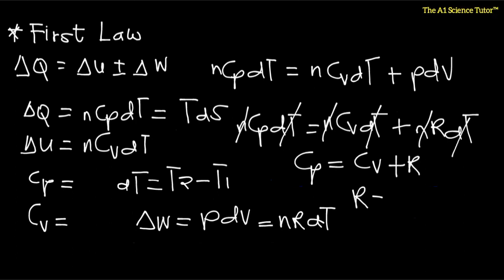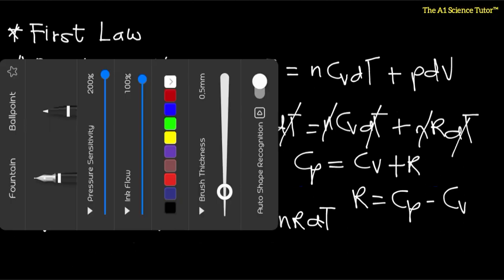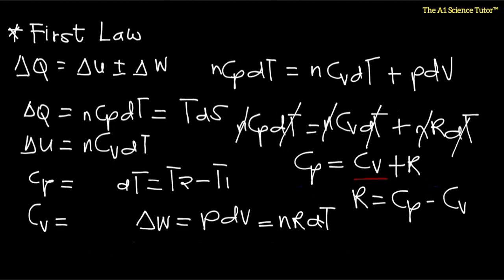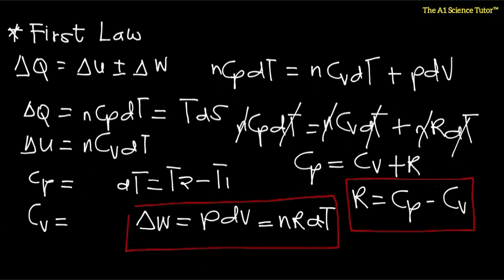So R should be equal to Cp minus Cv. So this is one very important equation that you need to know. And you also need to be aware of this one. Then we're also going to talk about this one. So these might just well be the basic formulas that you need to know under the first law.